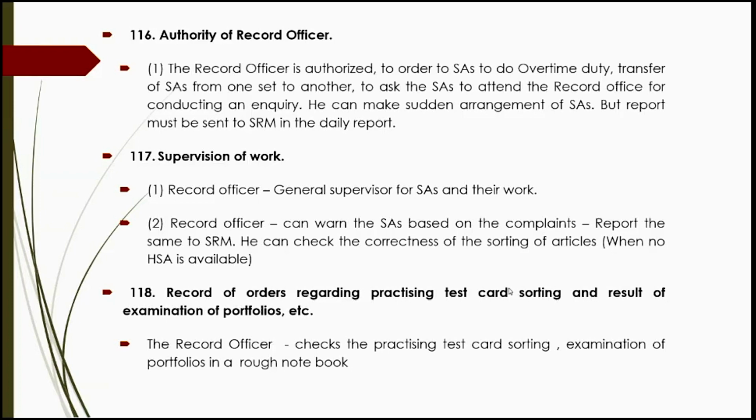So these record officers can check this test card sorting, as well as perform an examination of portfolios. Portfolios contain every important thing concerned with a set, like their order book, date stamps, stamps and seals; everything will be in the portfolio. The record officer can also examine these portfolios.